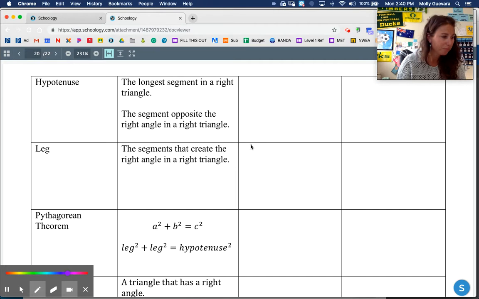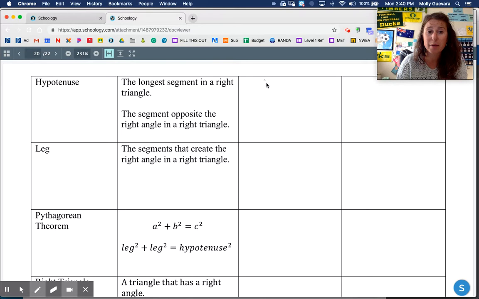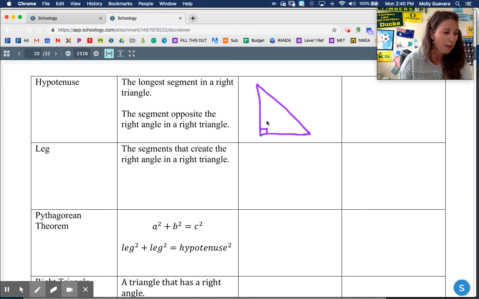Okay, so here we have some more. Hypotenuse. The hypotenuse is the longest segment in a right triangle. So if I have a right triangle, there's my right triangle, okay? The hypotenuse is always the one that's across from the right angle.